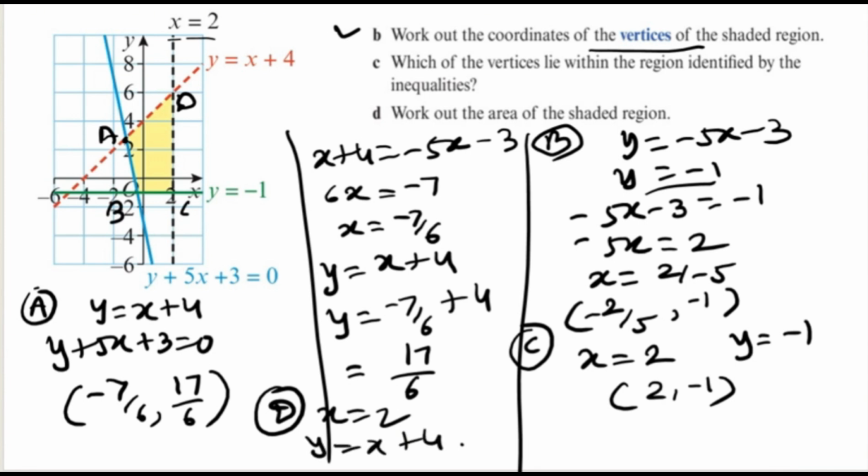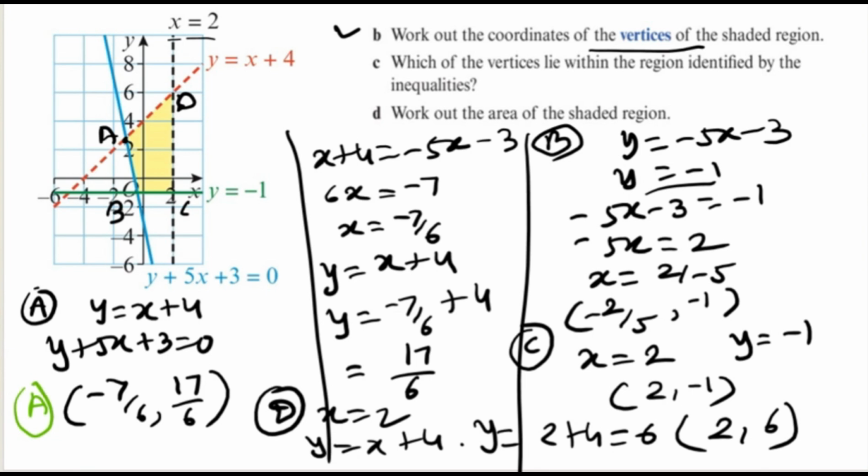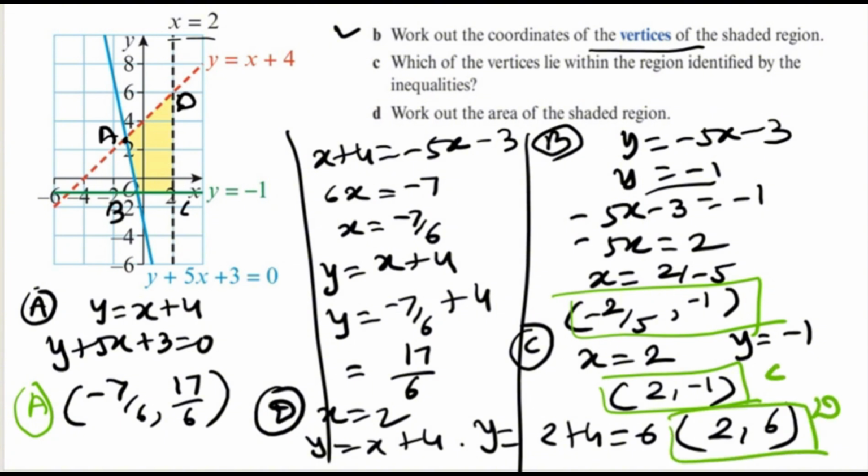So substitute in this equation, y equal to 2 plus 4 will give me 6. So the coordinate of D is 2 and 6. So these are the 4 coordinates: this is the coordinate of A, this is B, this is C, and this is D. So this way we can find the 4 coordinates of the vertices.